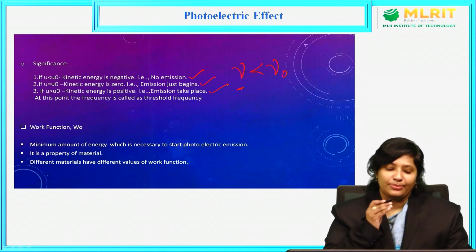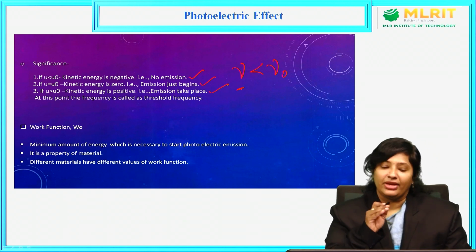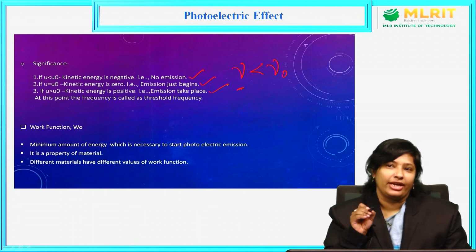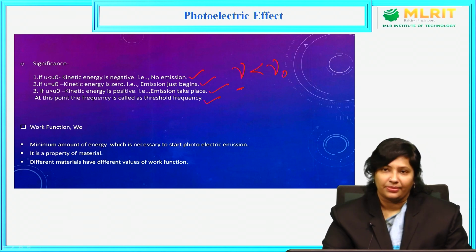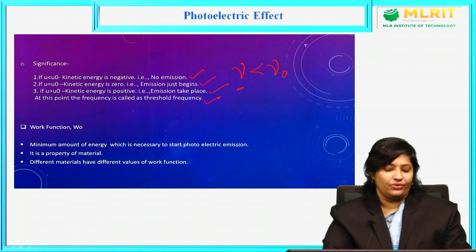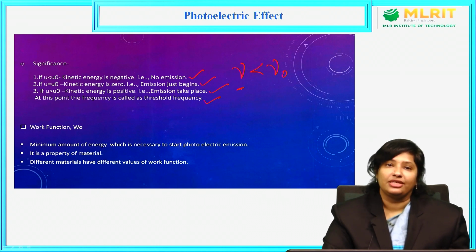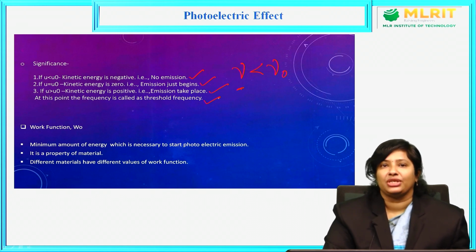Okay, the frequency at which the emission begins is called the threshold frequency. Is it clear? Next, what is the importance of work function? Work function is the amount of energy which is necessary to start photoelectric emission, and it is a property of the material.